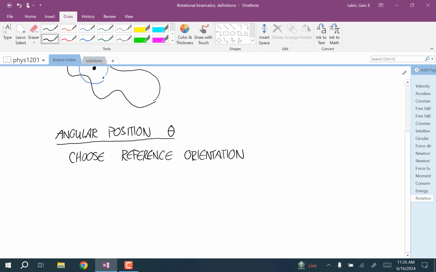Counterclockwise, that's positive. So a counterclockwise angle from the reference is positive. And a clockwise angle from the reference orientation is negative.